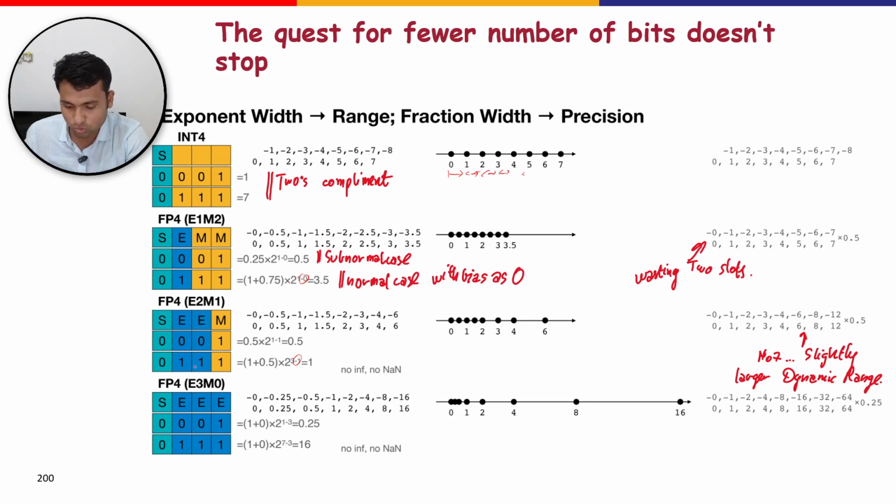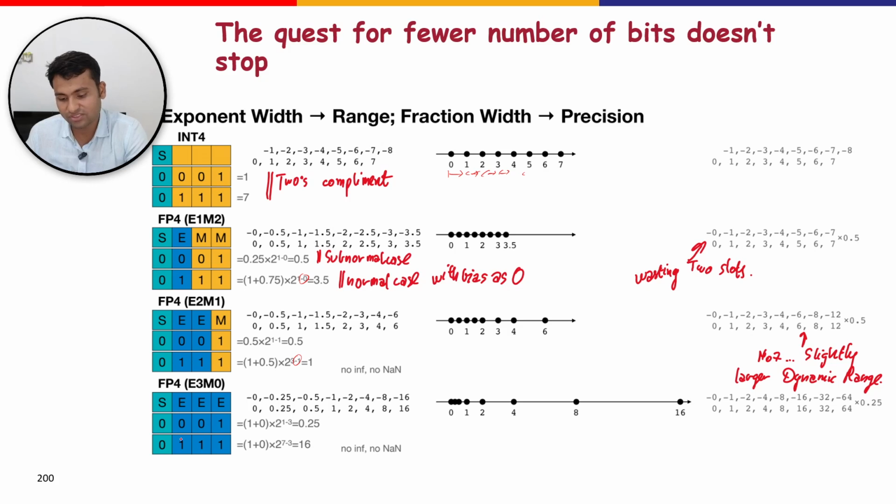Here 2 bits are there, so 2 minus 1, and the exponent bias is 3 minus 1 here. If you map it onto the number line, you will see a slightly more dynamic range. And they are not even linearly spaced, because you have 2 exponent bits, so it's not just a single scaling factor.